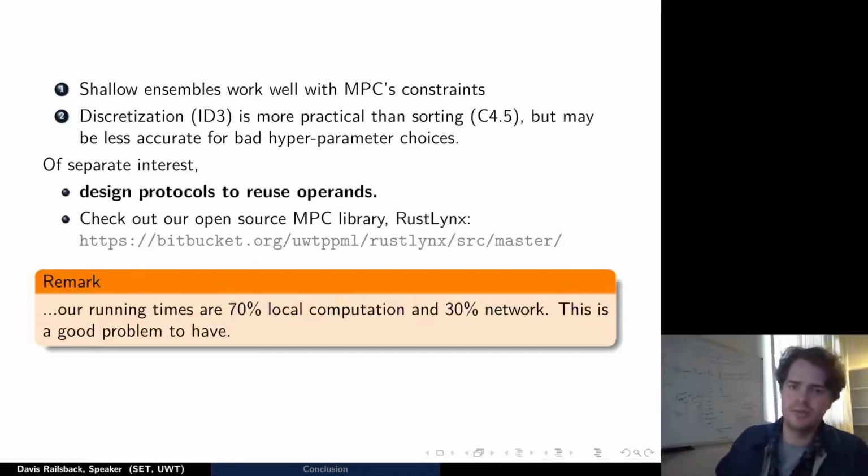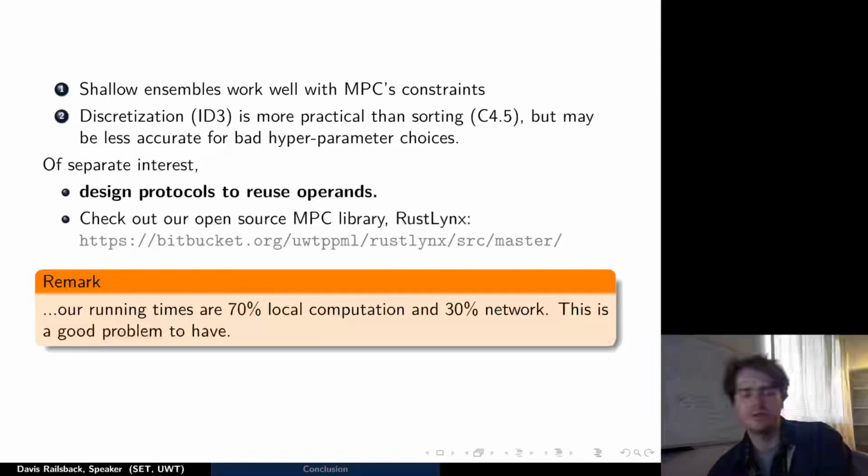Okay, so wrapping up, some of the takeaways are that shallow ensembles seem to work well with MPC's constraints. Instead of training one large decision tree, which requires a lot of waiting for communication rounds and things like that, training a lot of shallow trees can yield similar results, even better a lot of the time, and it works well with the constraints imposed by secure multiplication.